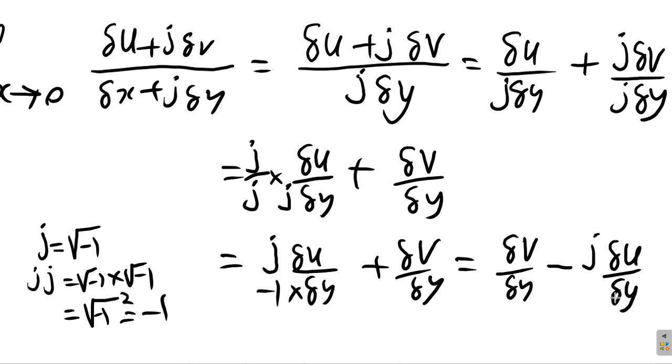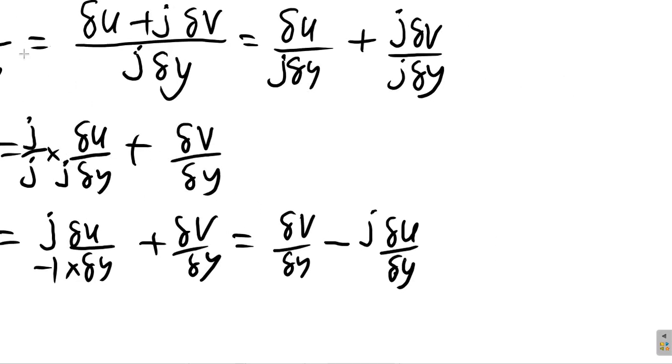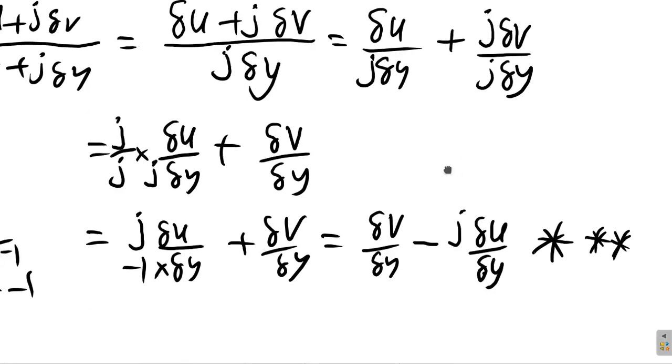Alright? So, del v by del y minus j del u by del y. So, let us highlight this. Let me put a star beside this. 3 stars.